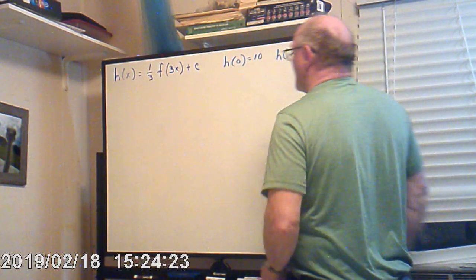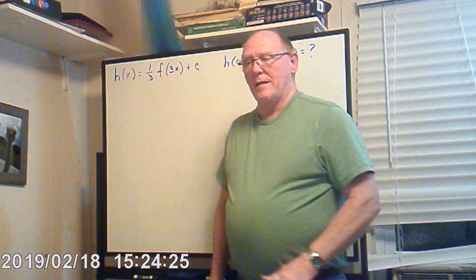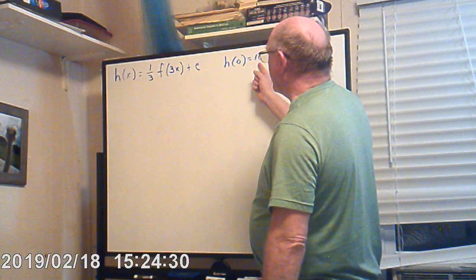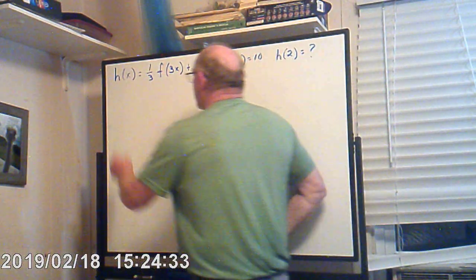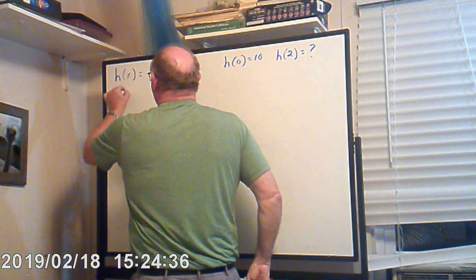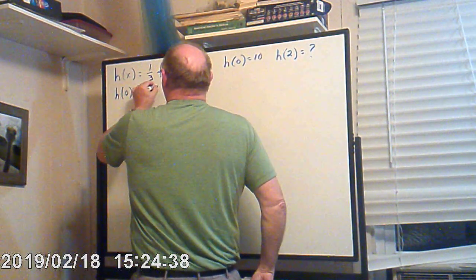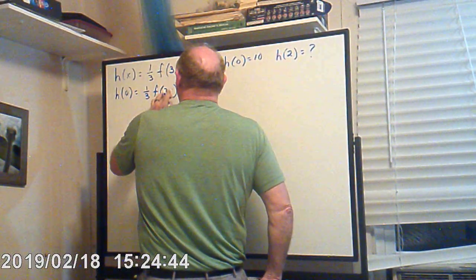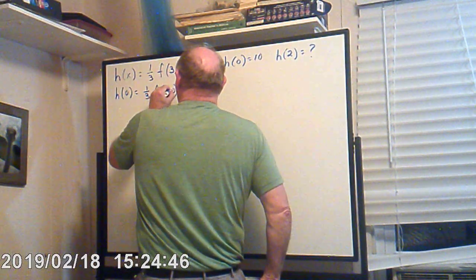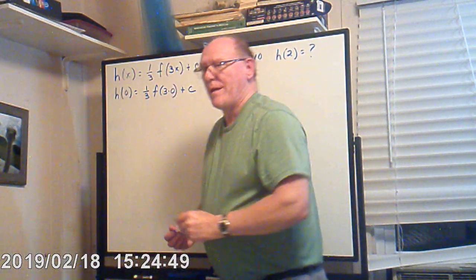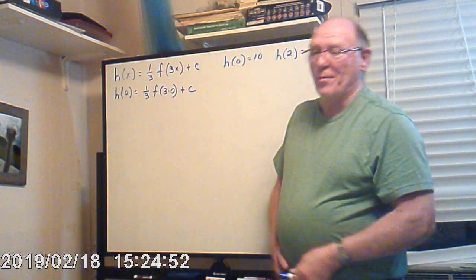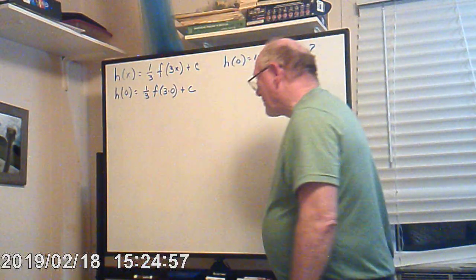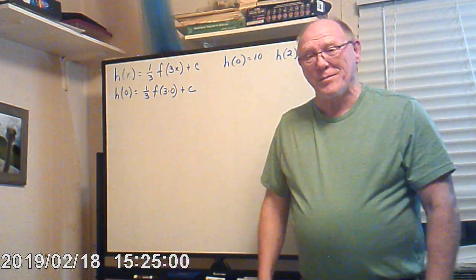Since I know that h at 0 is 10, why not just plug a 0 in here? This is the only way that made sense to me. There is another way that's actually shorter. Maybe in another video I'll show that one as well.